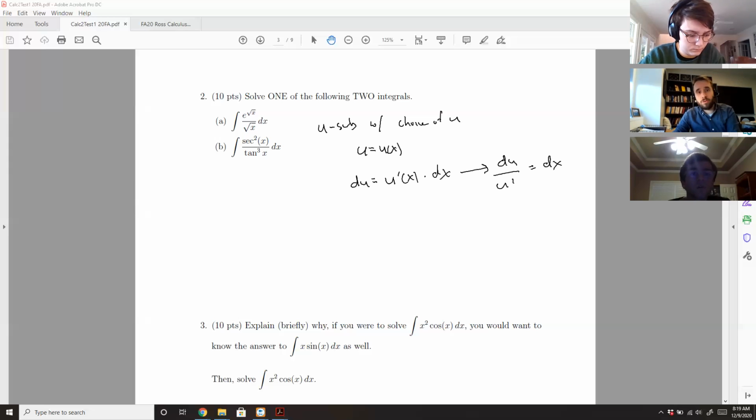But the overall goal was to identify and rewrite the integral in terms of these u's as opposed to in terms of these x's. And so in each of these cases, we were trying to choose a u so that everything could be nicely substituted in and out.